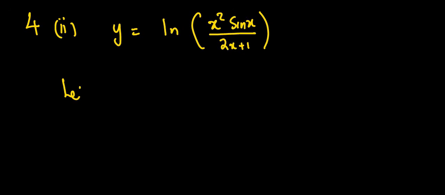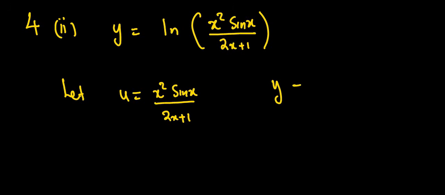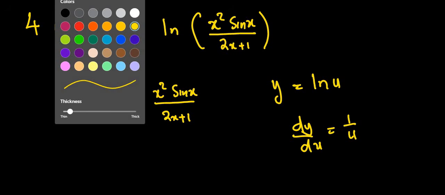We're going to let u be equal to x squared sine x over 2x plus 1, meaning y equals ln u. We can differentiate this side. This is just going to be 1 over u, because the derivative of u is 1, then put the u down. This other side is where the problem is, because we're having a mixture here.